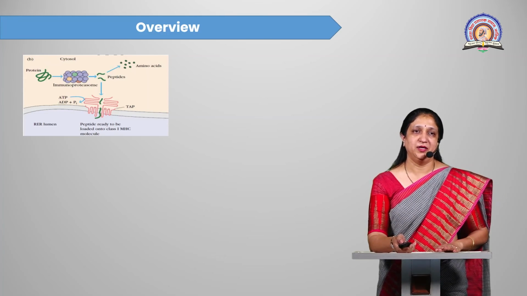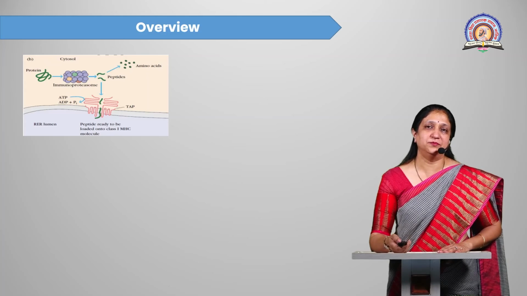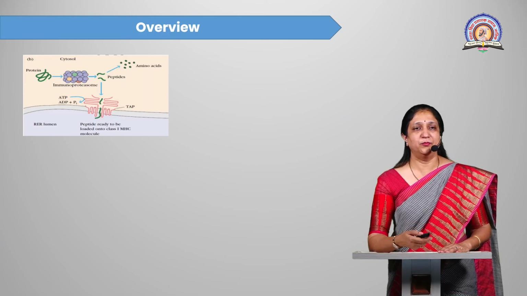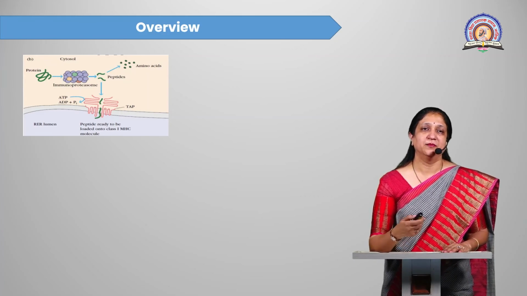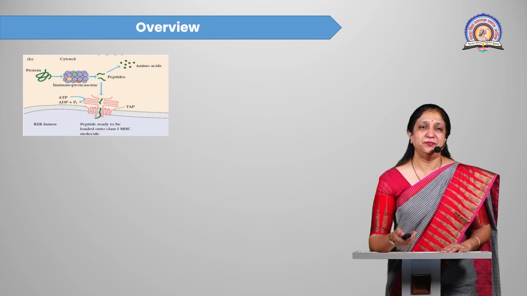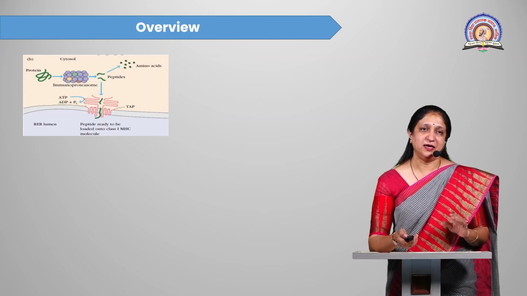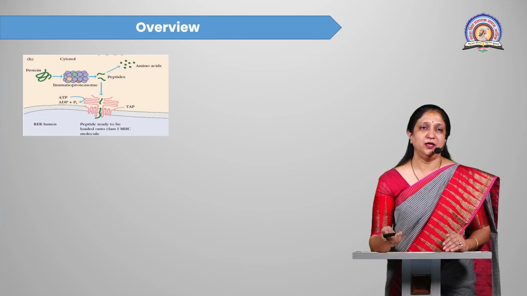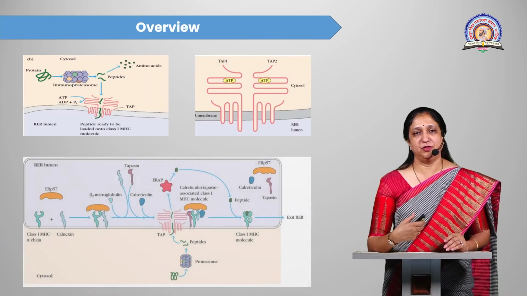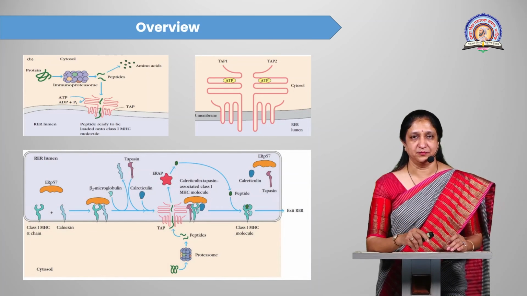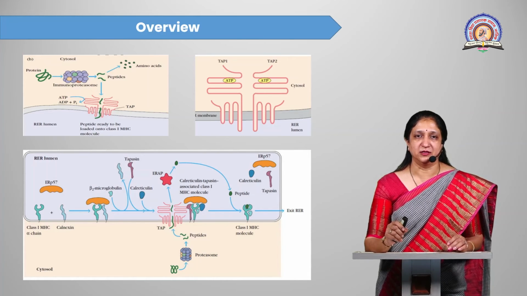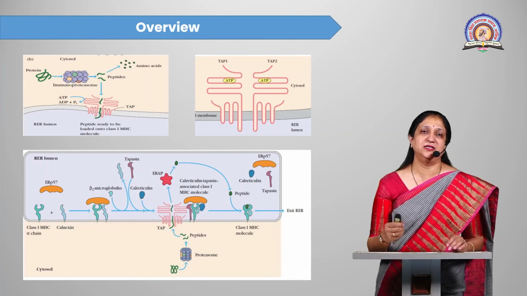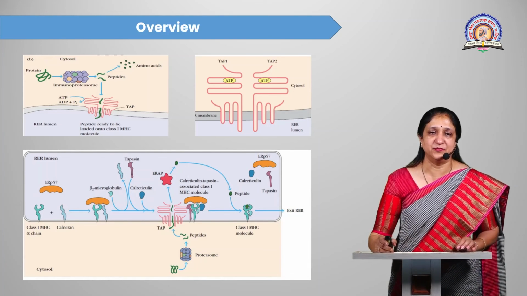The first step in the process of antigen processing is the degradation of the protein into peptides via the immunoproteasome, where the protein enters into the proteasome, peptides are generated, and peptides of a specific size are transported from the cytosol into the lumen of the endoplasmic reticulum via the TAP protein. The TAP1 and TAP2 subunits form a channel through which the peptides enter into the lumen of the endoplasmic reticulum.